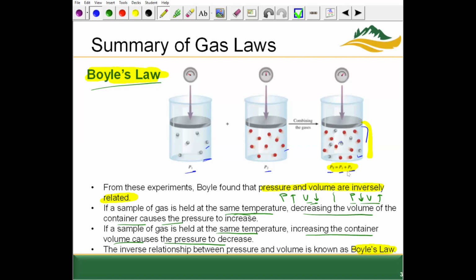This means that pressures are additive. If this gas had a pressure of P1 and this gas had a pressure of P2, when we combine them, the total pressure becomes this pressure value plus this pressure value. This is the idea of partial pressures. Again, we'll come back and look a lot more at partial pressures and do some practice problems.